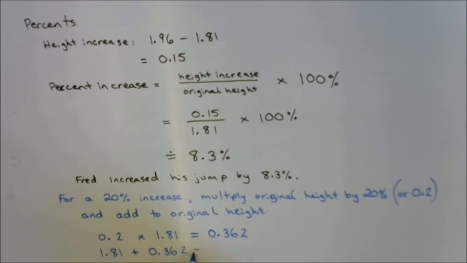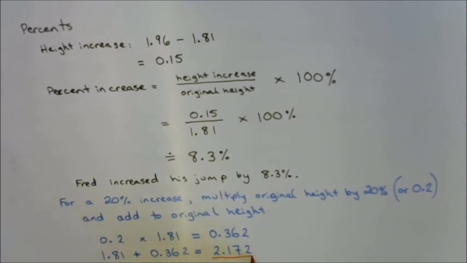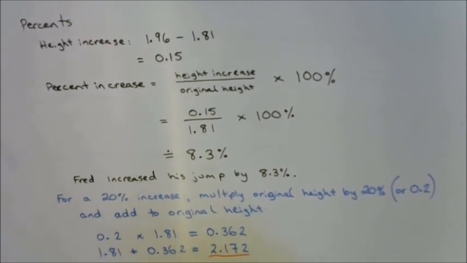So go ahead and add 1.81 to that. 2.172. So if Fred wants to jump 20% higher by the end of the season, he needs to have a jump of 2 meters and 17 centimeters. Okay?